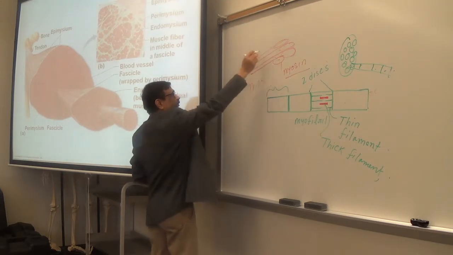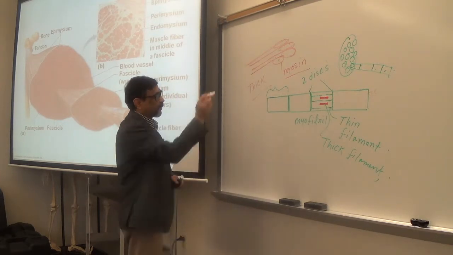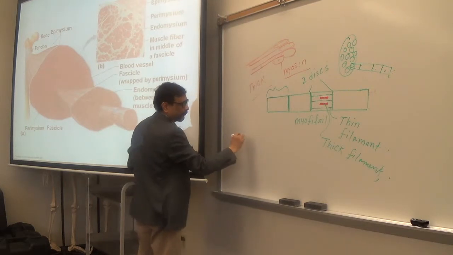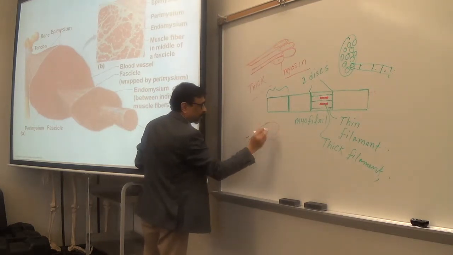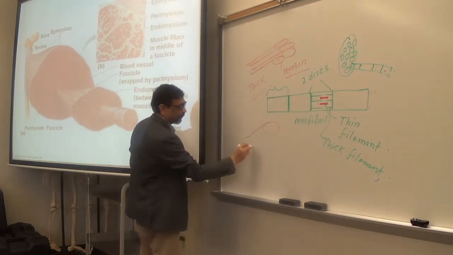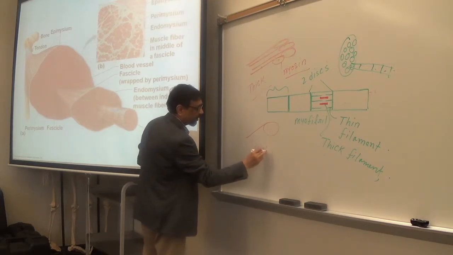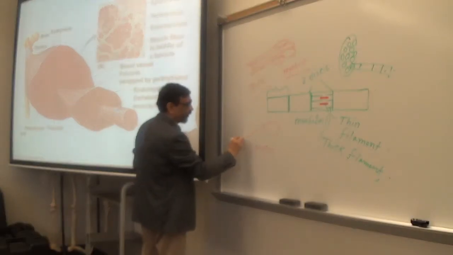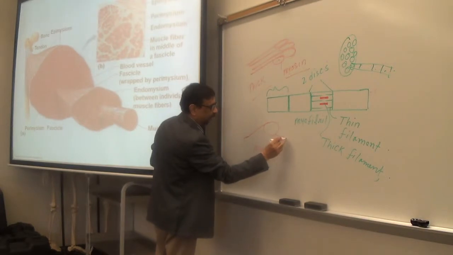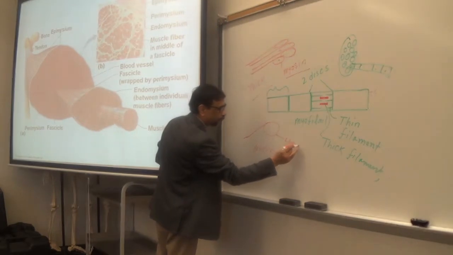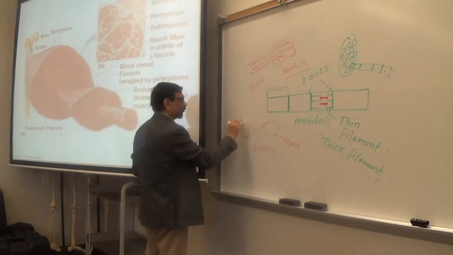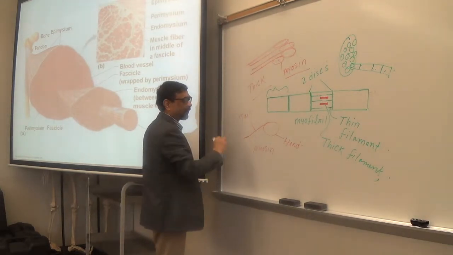Okay, so this is thick filament. Now if I see one unit, myosin, right? Looks like a golf club. It has head and tail. Okay?